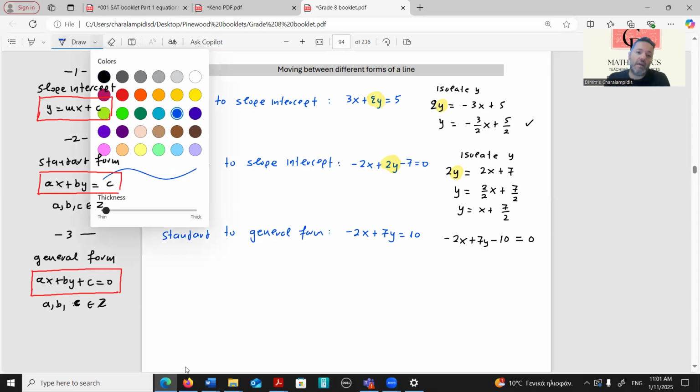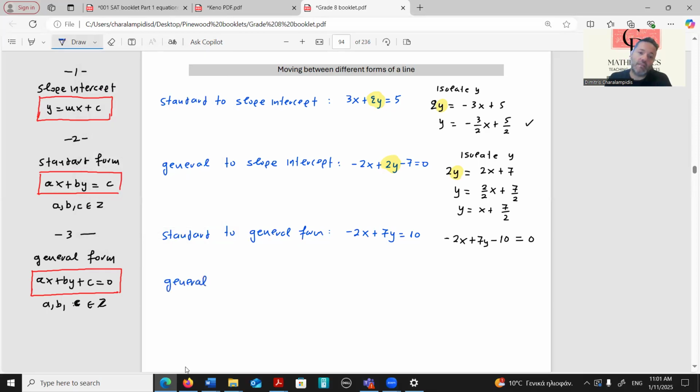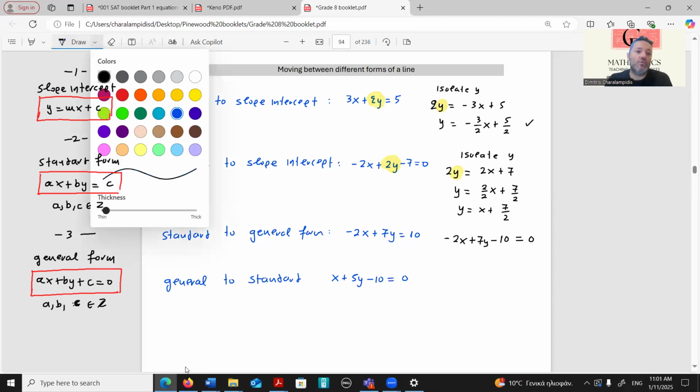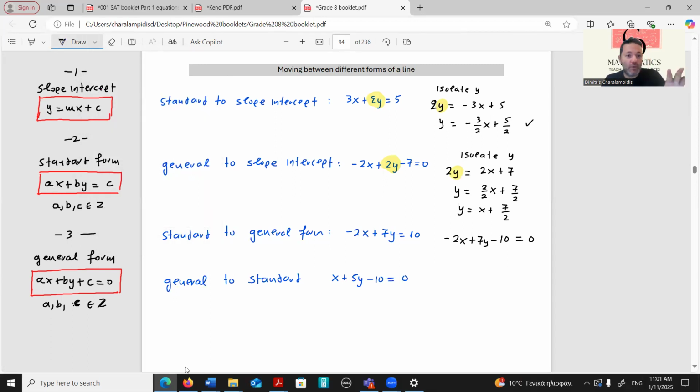Similarly, if I had to move from the general to the standard form, for instance, from x plus 5y minus 10 equals 0, in order to go to the standard form, by looking at the standard form, I can see that the key about it is that x's and y's are on one side, so I'm going to keep them on the left side, which means that I'm going to put it as x plus 5y, but the constant number, in my case, negative 10, should be moved to the right.